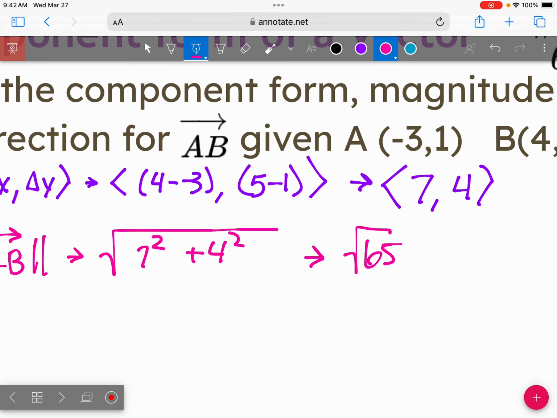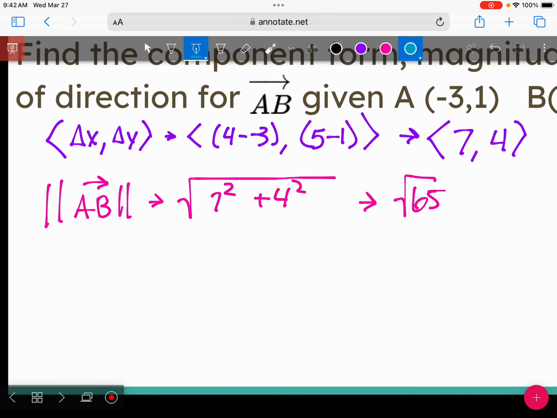Again, when we get into story problems, we're going to wind up with gross things there. But that's okay. And they're going to have numbers with decimals and stuff. So then let's find our angle. This is our last one for today. We'll do our angle theta, which we find using the inverse tangent or arctangent of y over x.